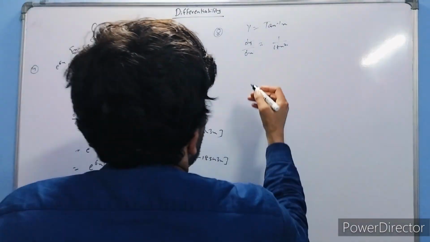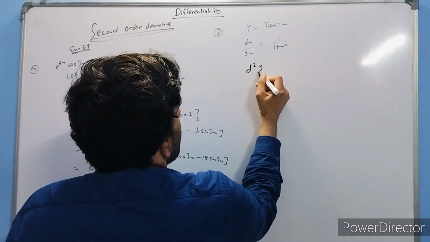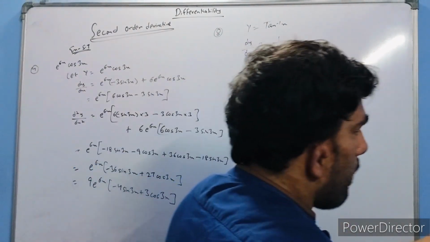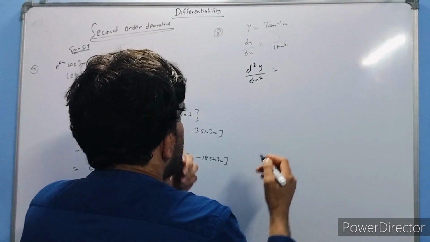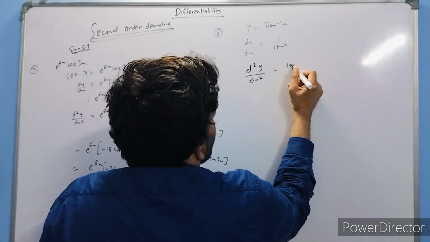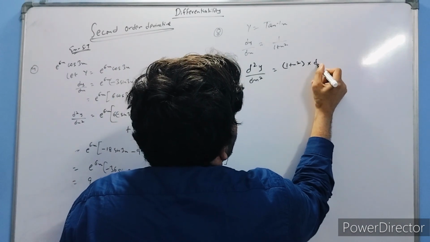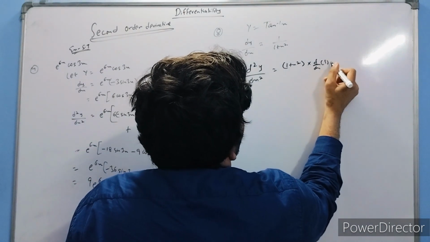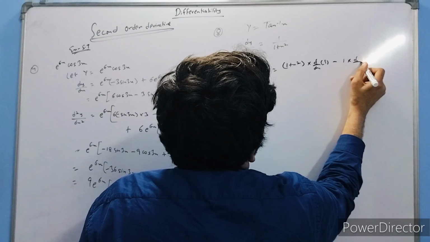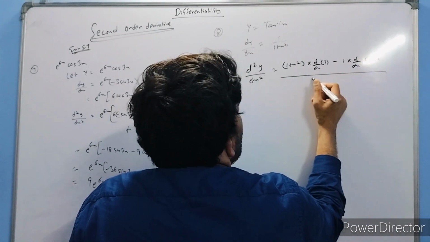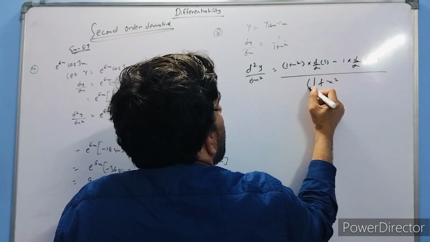Now we have the function. So now we'll differentiate it again. If I try to differentiate this, 1 plus x square, here I will apply the quotient rule: 1 plus x square into differentiation of 1, minus 1 into differentiation of 1 plus x square, upon 1 plus x square whole square.